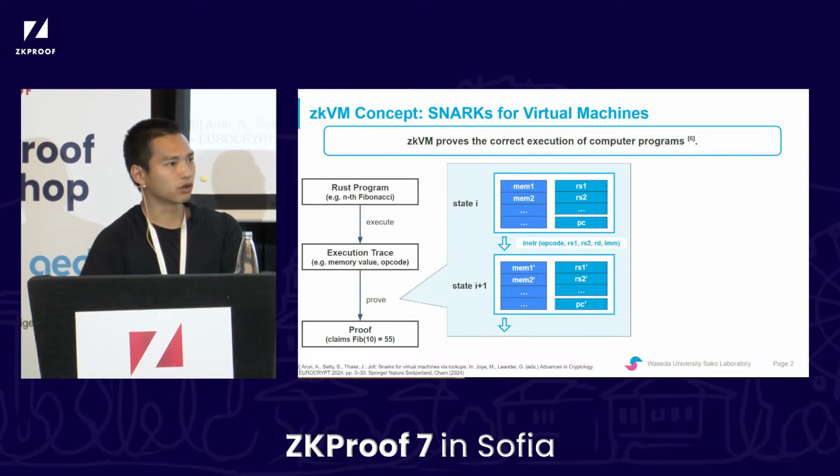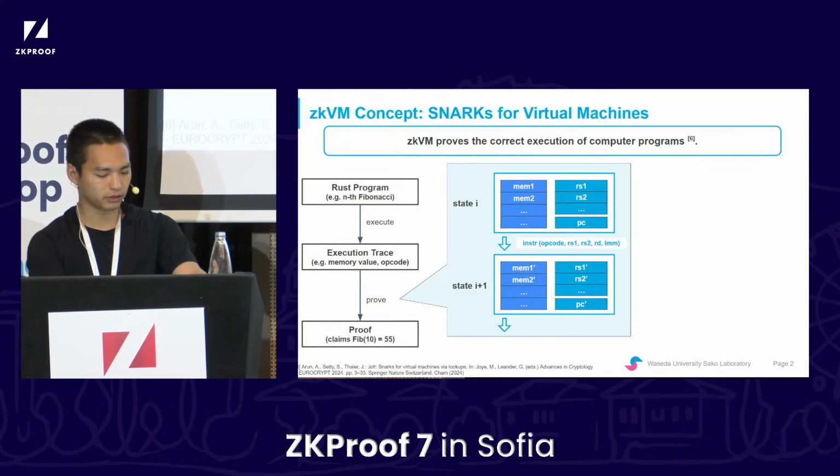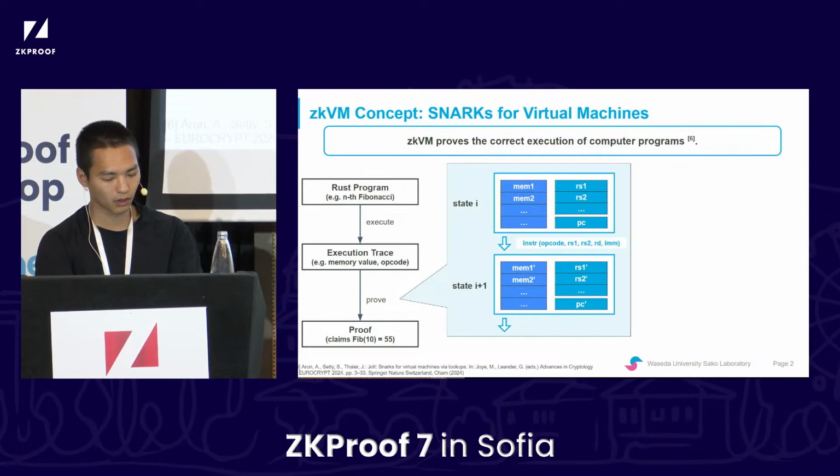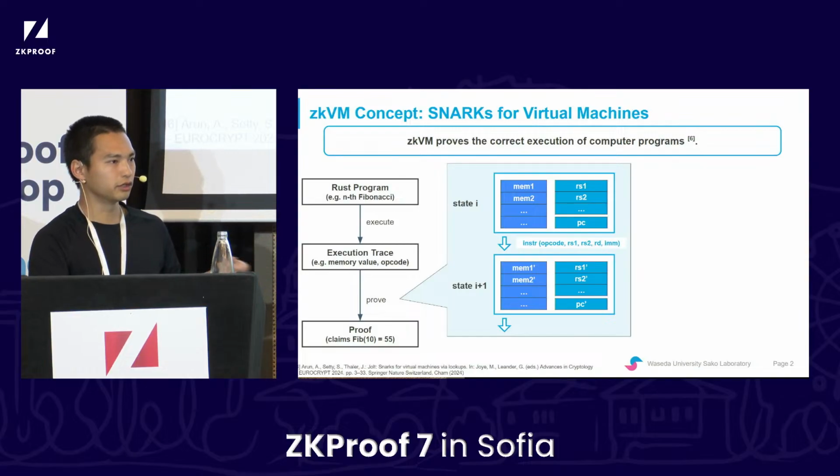When a program is compiled, it expands into instructions such as add, load, store, and so on. When the ith instruction is executed, the VM's memory, register, and program counter value transition to the next state.